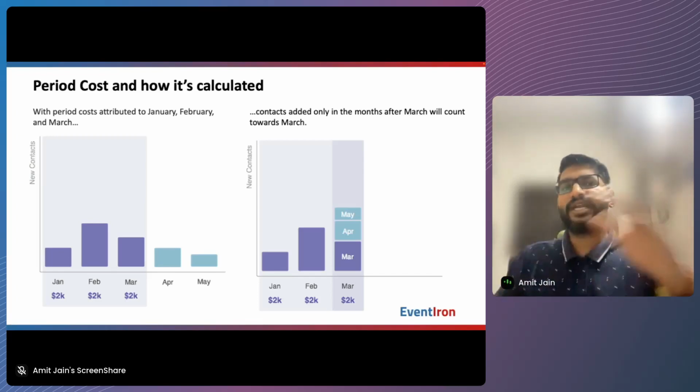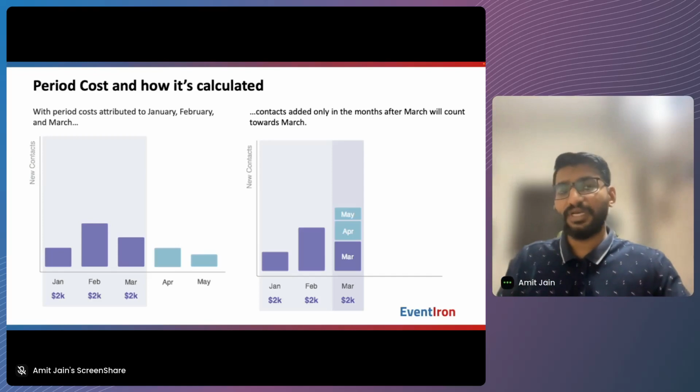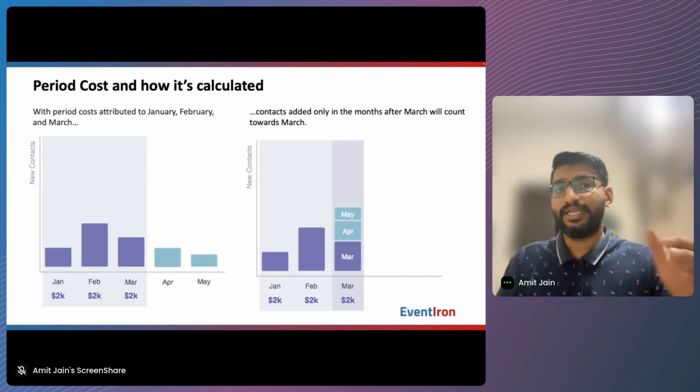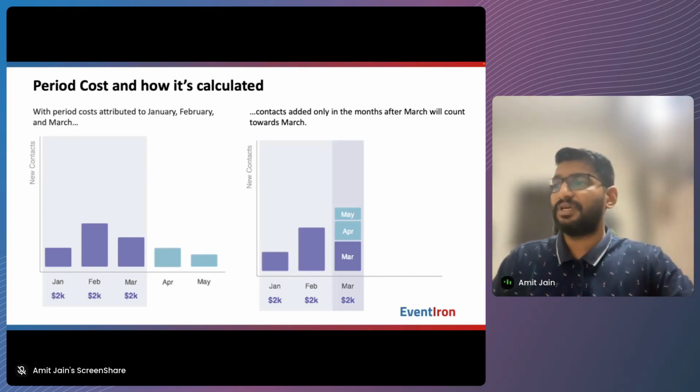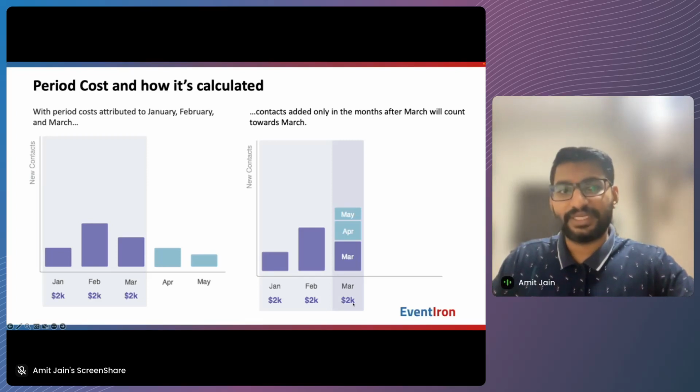So if you are adding multiple period costs, and let's say you have 100 contacts there, right? But 6,000 dollars you spent there, it can't be as simple as 6,000 divided by 100. You can't do that, right? What you have to do is go through this calculation.